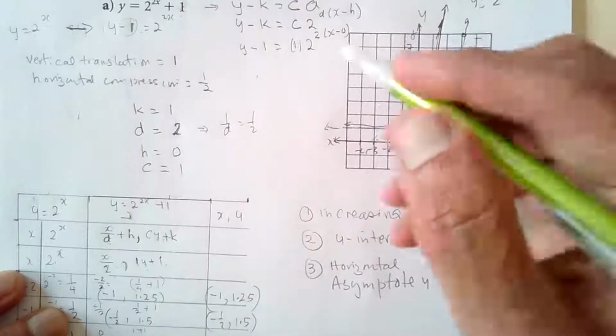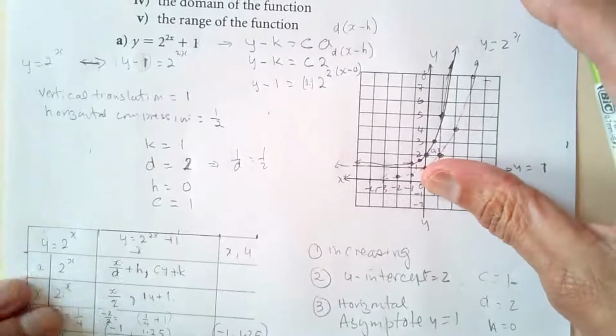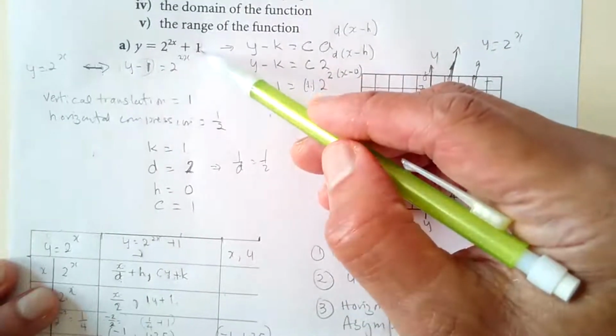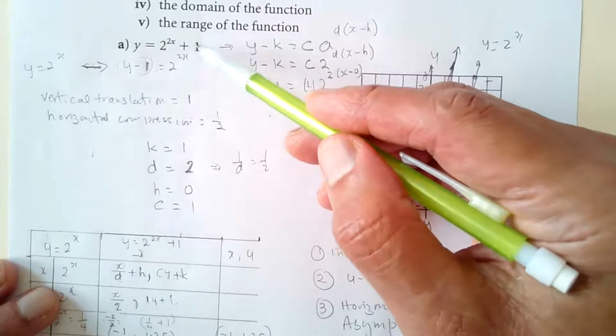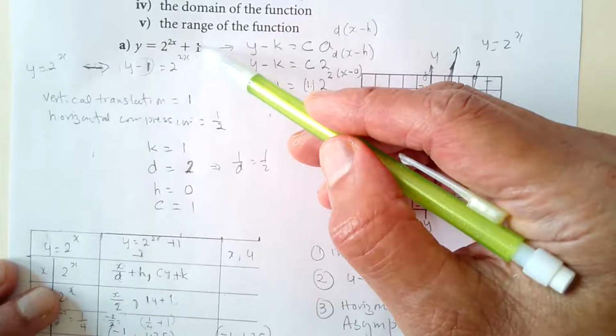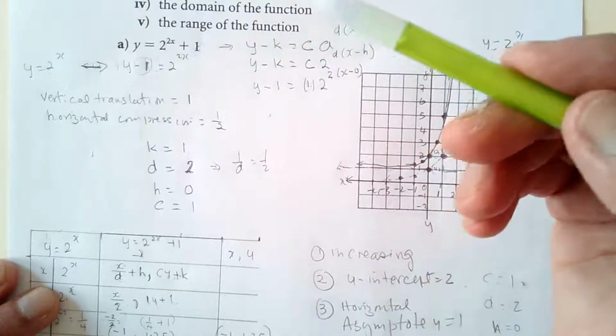Because we shifted up, this will give you a hint. Your vertical shift will tell you your horizontal asymptote. So if it's 1, the horizontal asymptote is always the unit below that.